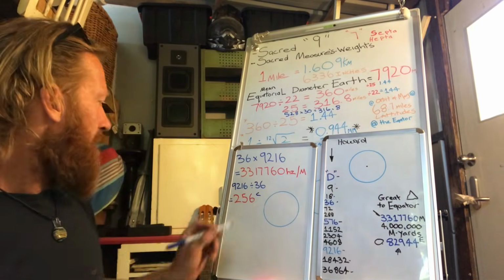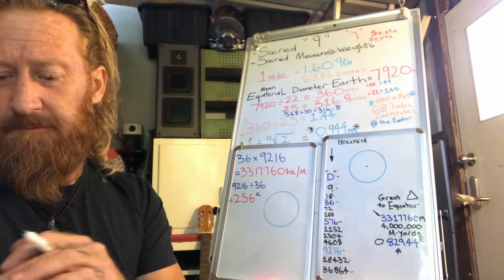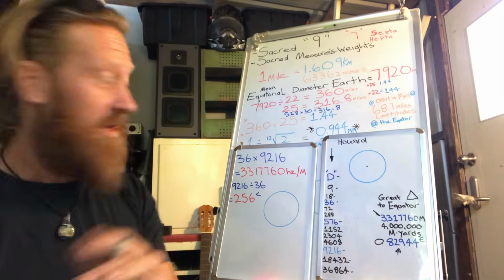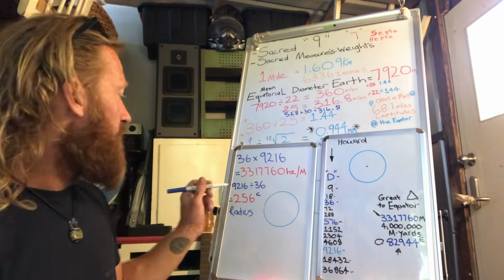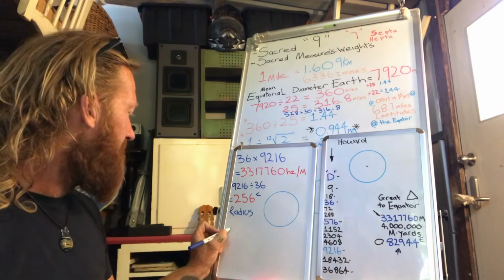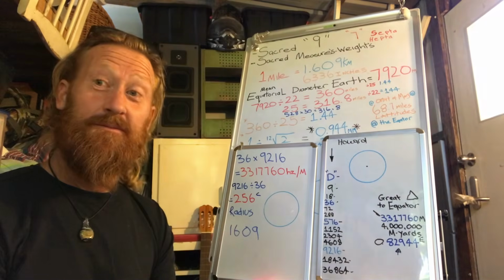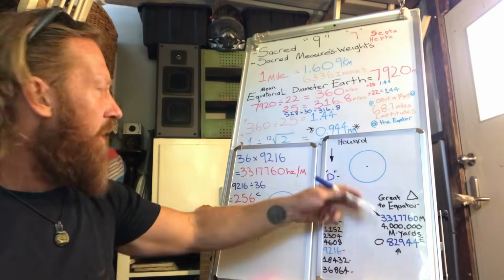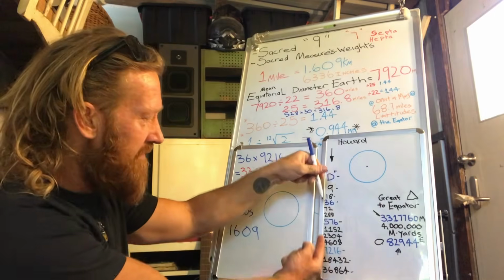This is C. But what happens if we draw a circle with the radius of 256? We get the circumference of 1609. So what have we got here? We've got King's Chamber to the equator, and we've used the D column to get there, all the way from the top to the bottom, moving to the centre.